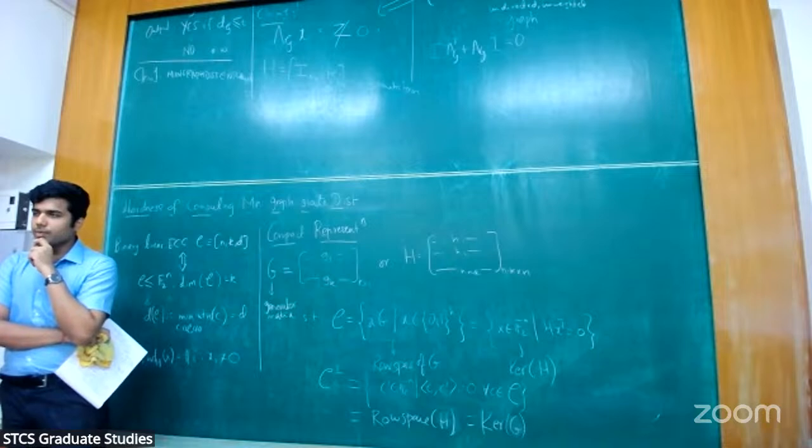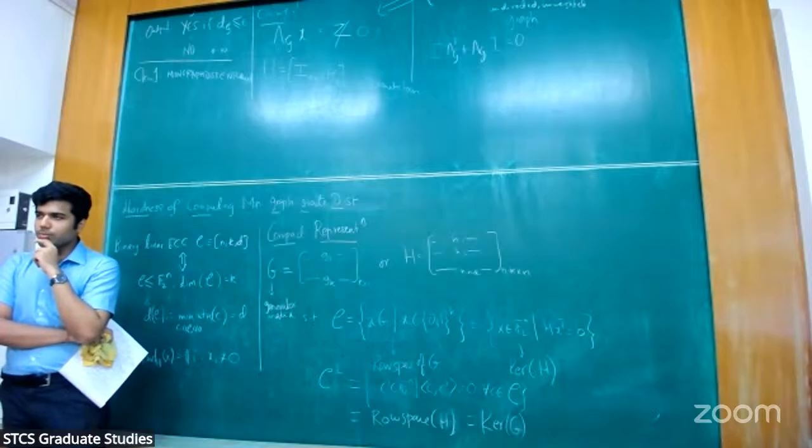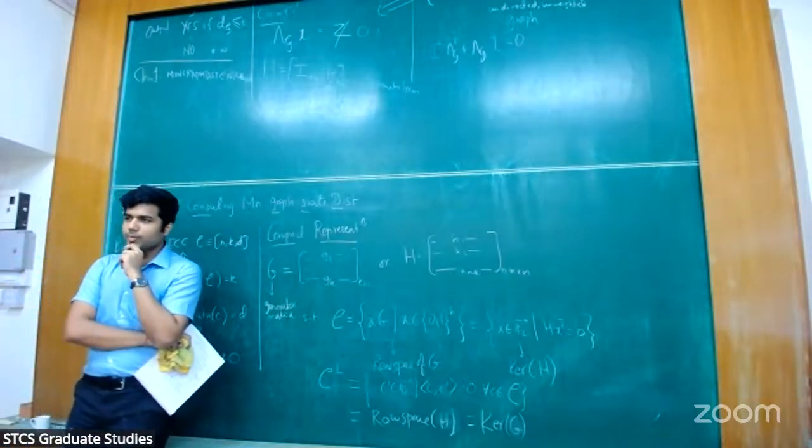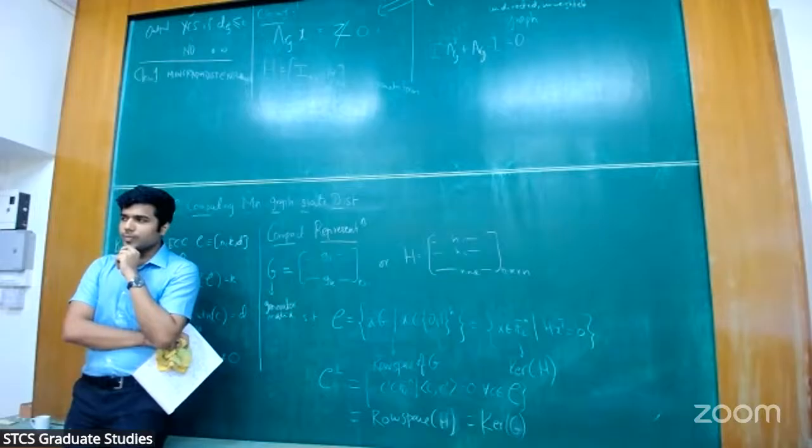The generators are elements from this 4 to the power n space, and it's nice to look at it as a subspace of F2 to the power 2n. The normal inner product does not work nicely with this isomorphism.